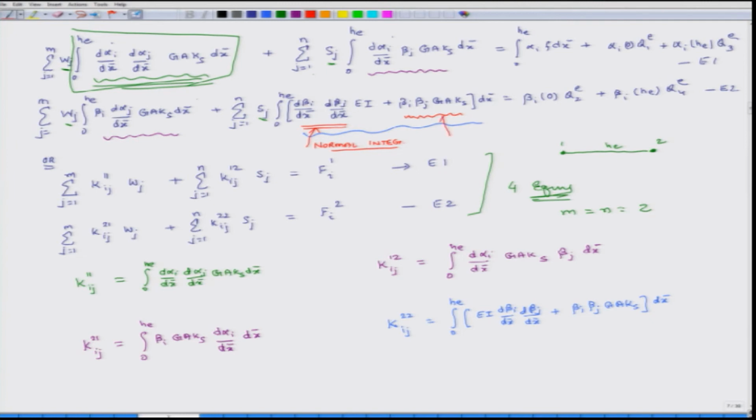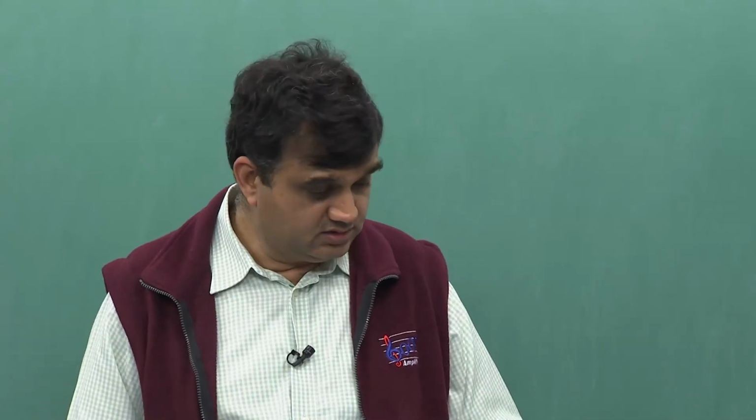And when we are evaluating this beta I times beta j, this is the term which we do reduced integration. And once we do that, we eliminate that shear locking problem and we get our solutions.